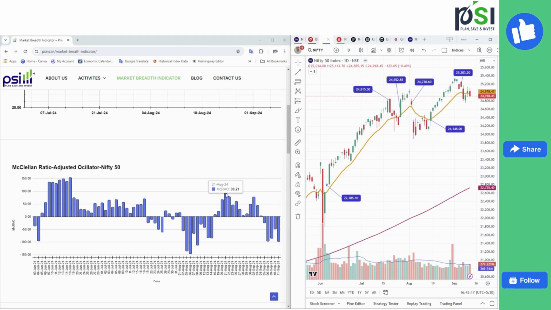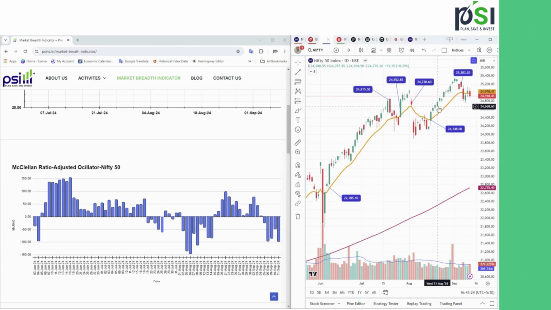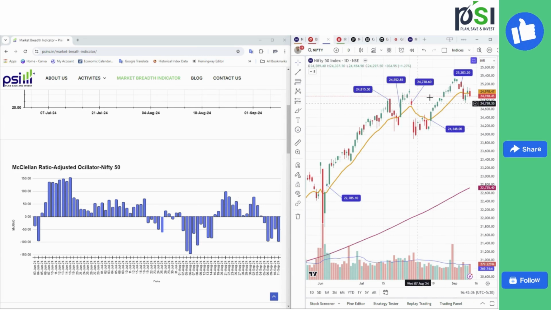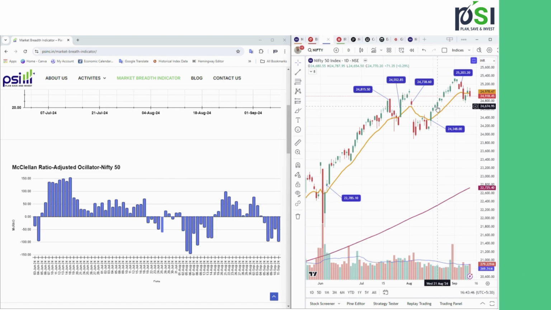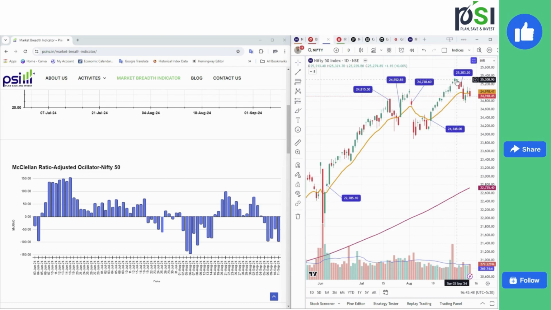On 21st August, the market is around 24,681, and on 2nd September, the market is around 25,300. So the market went up from 21st August to 2nd September, whereas the macro went down. There is a divergence.